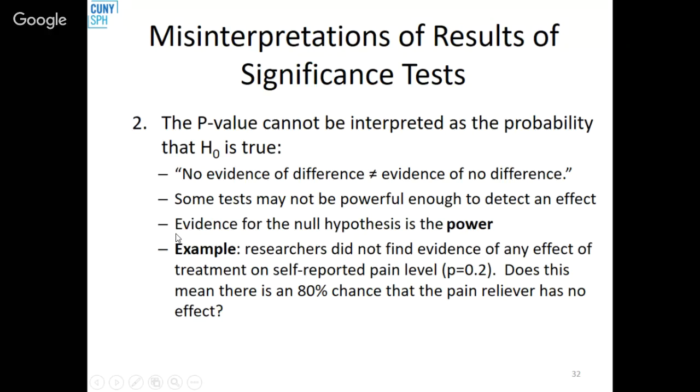On the other hand, you can estimate your evidence for the null hypothesis. That is the power, which we'll get to after the exam, or at least for calculations of power. Just as an example of how this is reported, researchers didn't find evidence of the effectiveness of a treatment on self-reported pain, p equals 0.2.